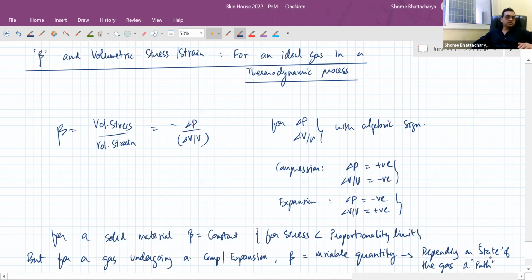How it is linked to the state of the gas at that moment is related to the path that the gas is undergoing. By path, we mean the relation between pressure and volume. In thermodynamics language, what we mean by path is the pressure volume graph, how pressure and volume are related to each other for that particular type of process.